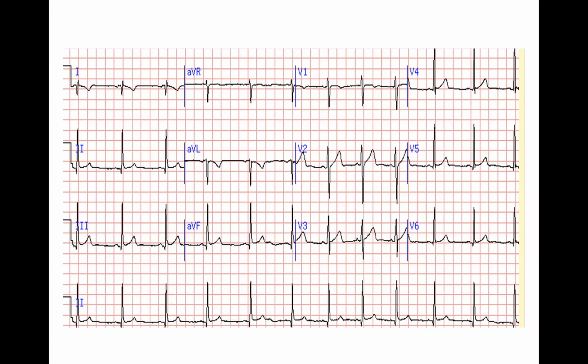I think there is a problem in the leads because AVR seems positive, and the AVL is negative. So I think there is lead reversal because the R wave progression is normal. It does not seem like tachycardia.